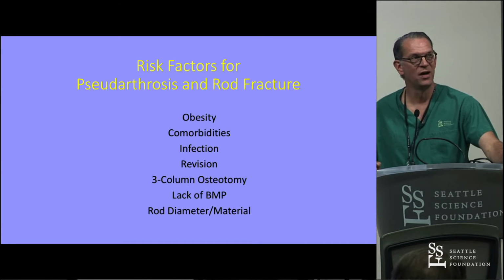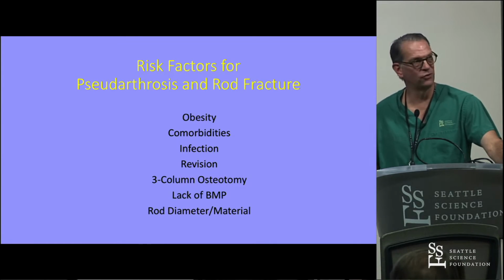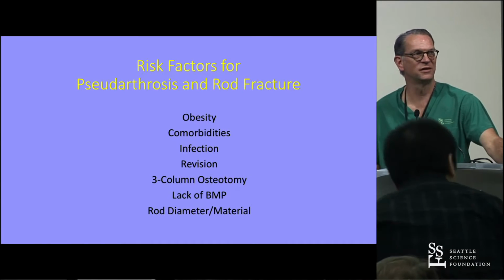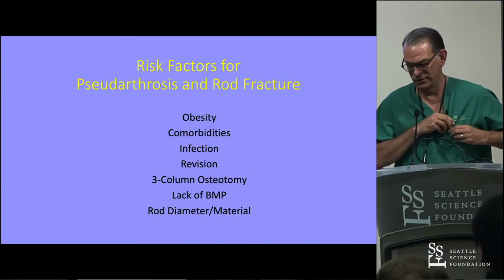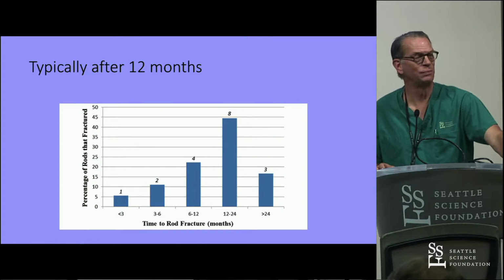I don't think that's been agreed upon or standardized yet, but it does seem to be a feature. And then I think the other one that we have control over in our own practices is rod diameter and the material from which the rods are manufactured.